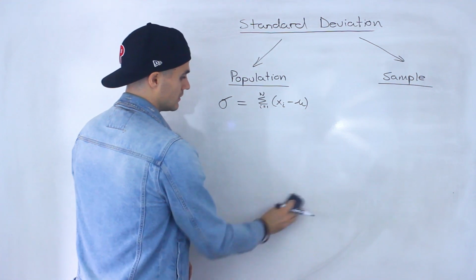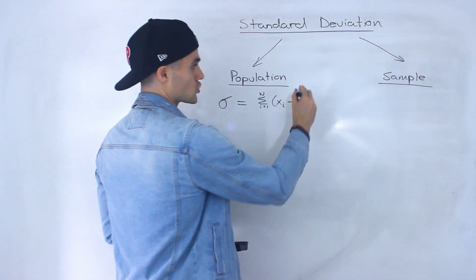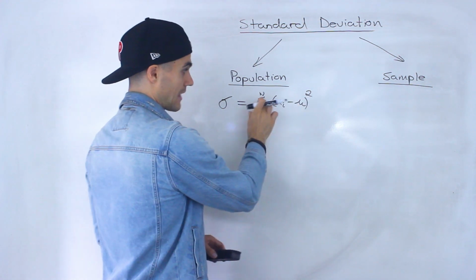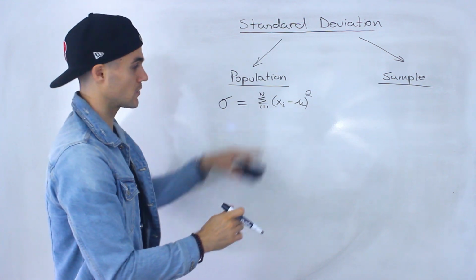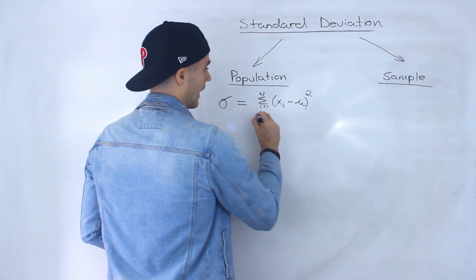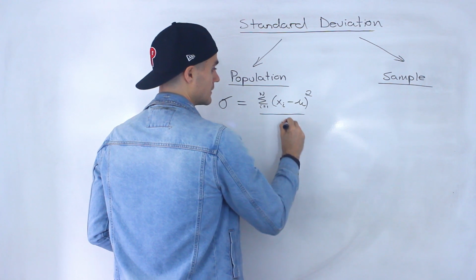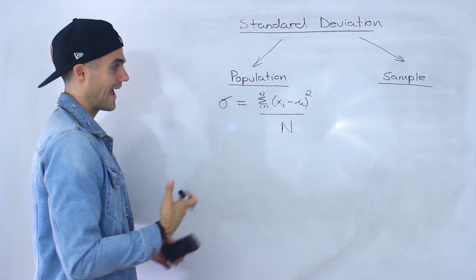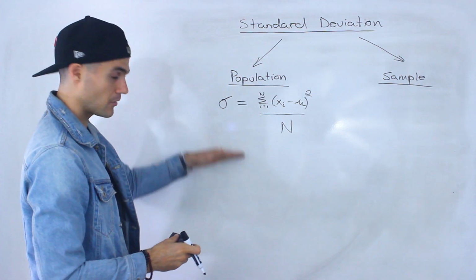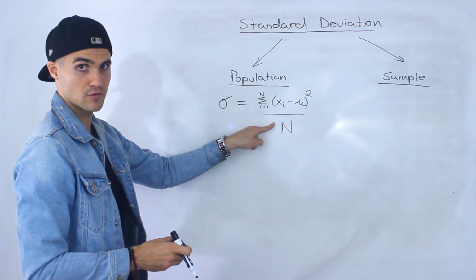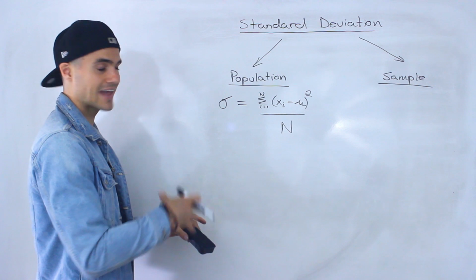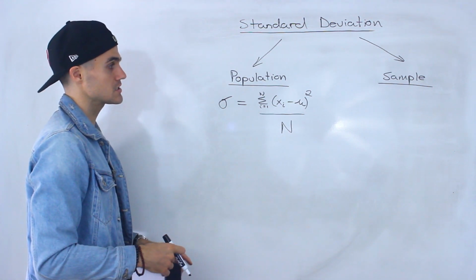So we're taking all of those squared deviations, adding them up. That's what this means here. This is the sum of these squared deviations. And then we're going to divide by n. We're going to average them out. So we're summing up all those squared deviations, and then dividing by the number of observations in that population. So we're taking the average of the squared deviations.